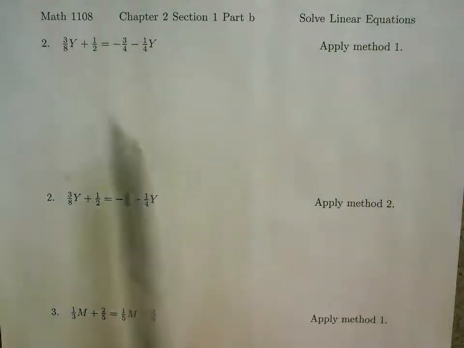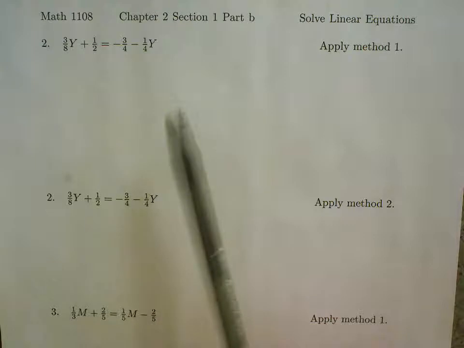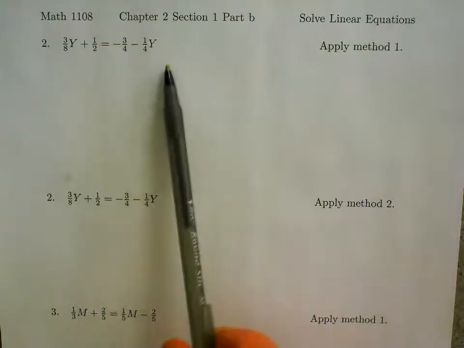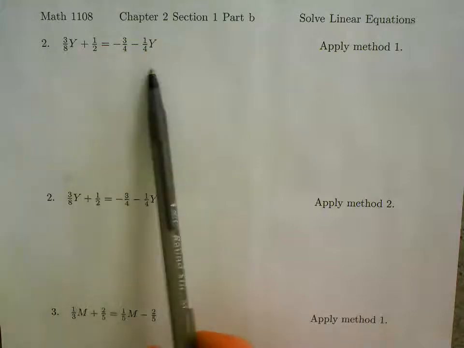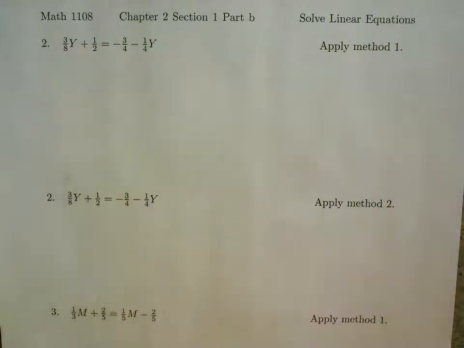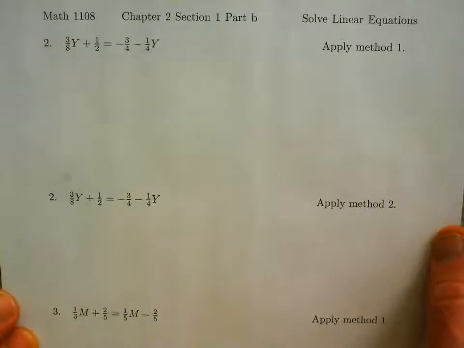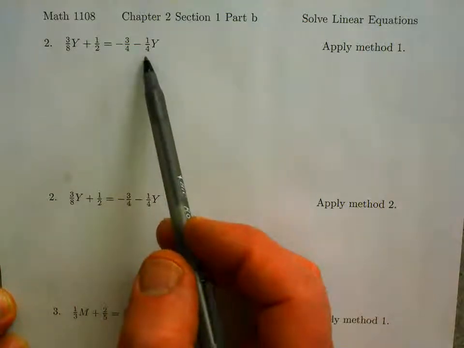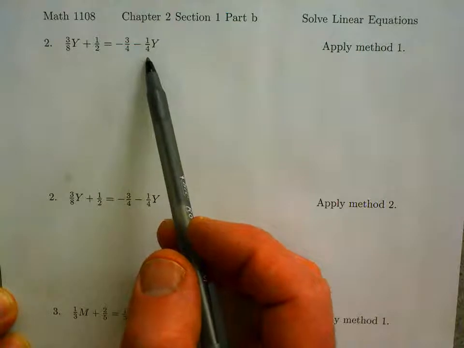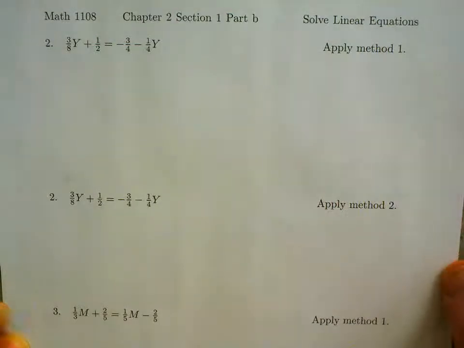On this one, let's use method 1. So we just proceed with the general strategy. Both sides are as simplified as they can be. So the next part in the general procedure is to collect all variable terms on one side of the equation and collect all constant terms on the other side.